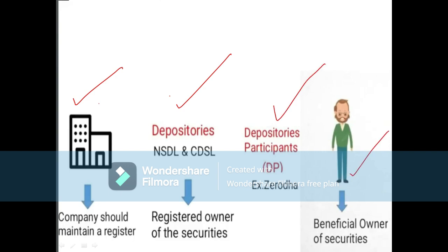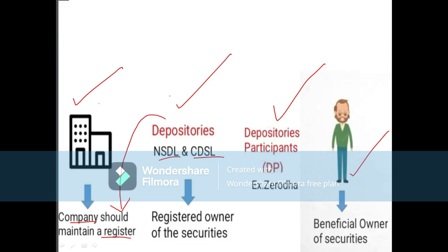First, if we see the company, what will the company do? The company will maintain a register of names, containing the names of depositories. What are those depositories? One is NSDL and the other one is CDSL.